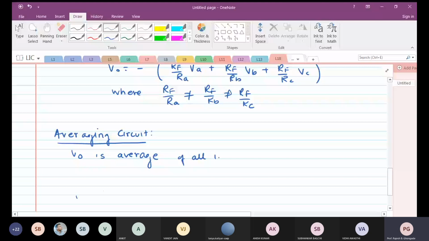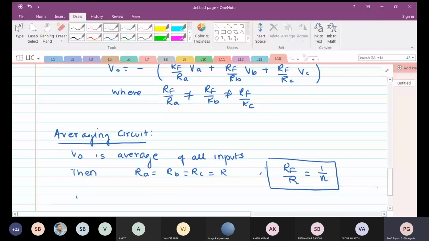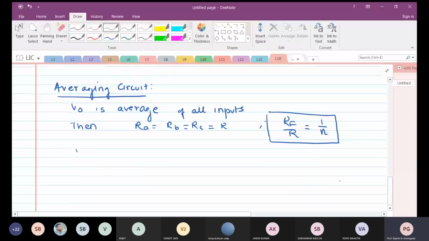What we can have is RA equal to RB equal to RC equal to R, and then I'll make sure that RF by R is equal to 1 by N, where N is the number of inputs. So if N is equal to 3, then we have output voltage VO as minus (VA plus VB plus VC) divided by 3. So this becomes an averaging circuit.